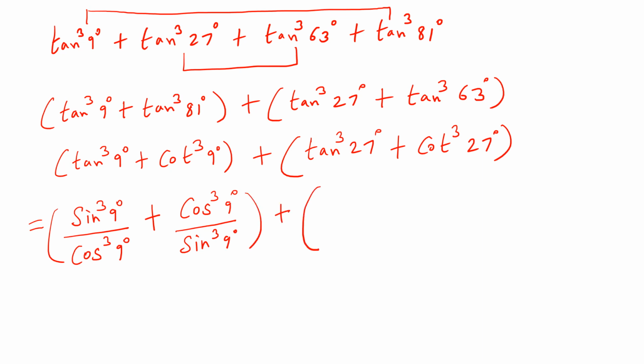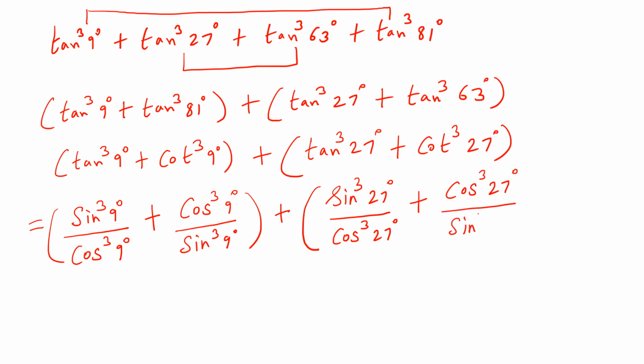And the second expression becomes sin cube 27 degree divided upon cos cube 27 degree, and cot cube 27 degree becomes cos cube 27 degree divided upon sin cube 27 degree. Right?